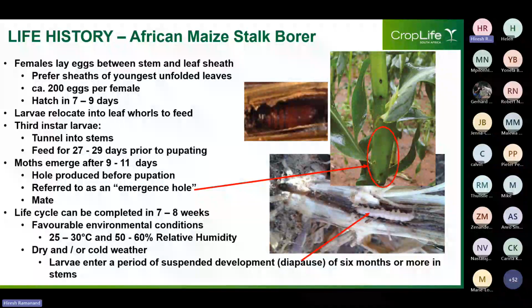Now, before I move on, all of you studious souls would have figured out that developmental time from egg to adult is variable depending on environmental conditions, in particular temperature. And the question now becomes why? The answer is simple. The insect pests covered in this webinar are ectothermic, meaning cold-blooded, where their body temperature and growth are affected by their surrounding environmental temperature.